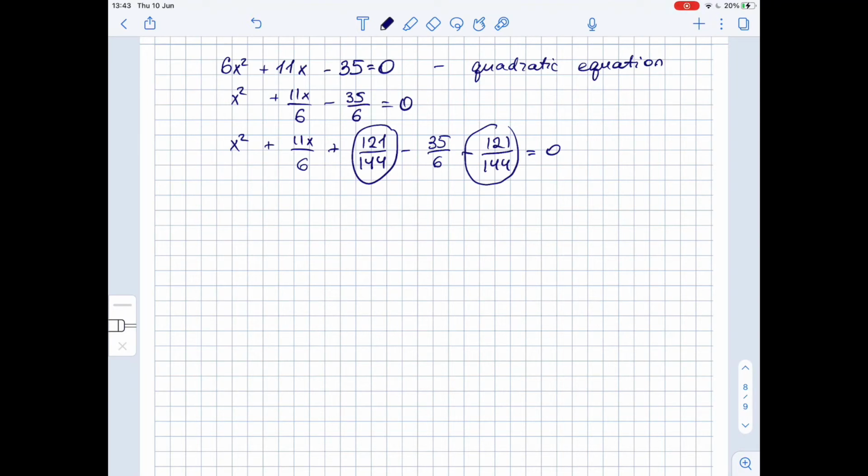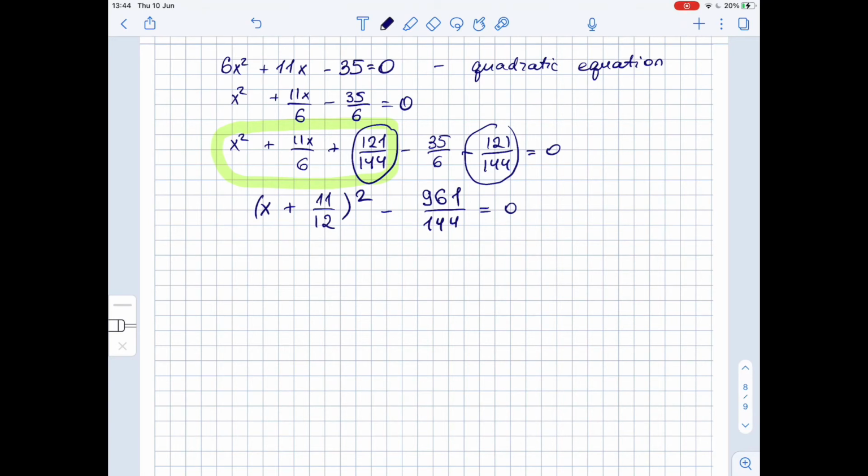Now we see that this part of our equation, x squared plus 11x over 6 plus 121 over 144, is actually x plus 11 twelfths squared. And then here we have minus 961 over 144, and it equals 0.